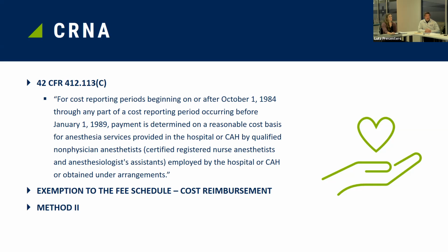There is a third way, as opposed to the one way being pure fee schedule and the second way being pure cost reimbursement. If you do not file for the exception, you can do at least method 2 so that you could get cost reimbursement, or increased reimbursement for your outpatient services that you wouldn't get with just the plain fee schedule.